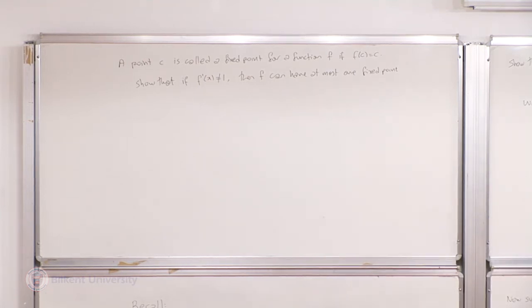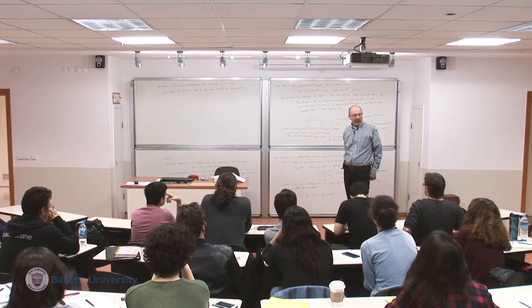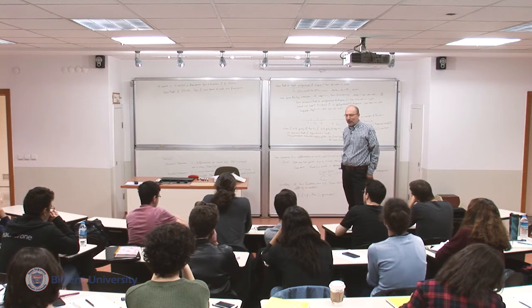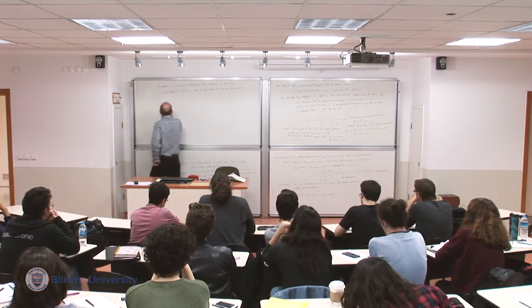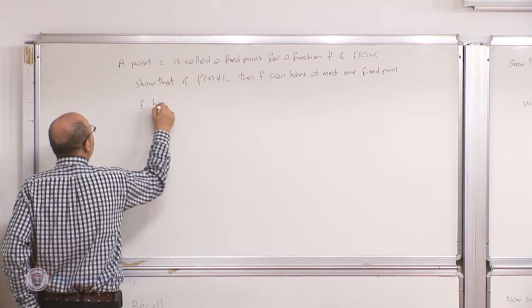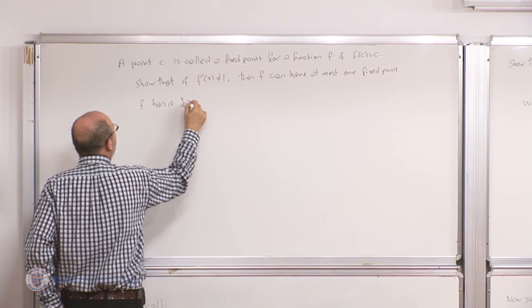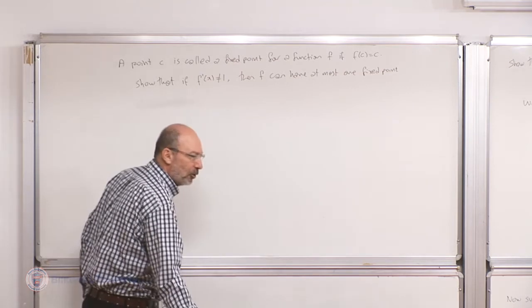So a function will have a fixed point if its graph intersects the line y equals x. Do you agree, or am I just trying to fool you? Is it true that f has a fixed point? Again, let me write it in the tradition of Euclid.